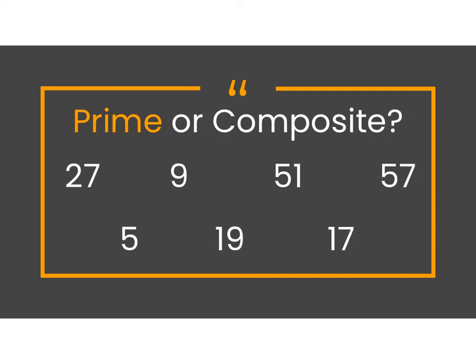If 27 only has 2 factors, 1 and 27, it is prime. Think for a minute, would 27 be prime or composite? 27 would be a composite number because it has more than 2 factors.